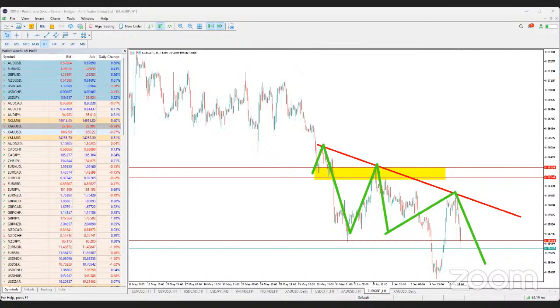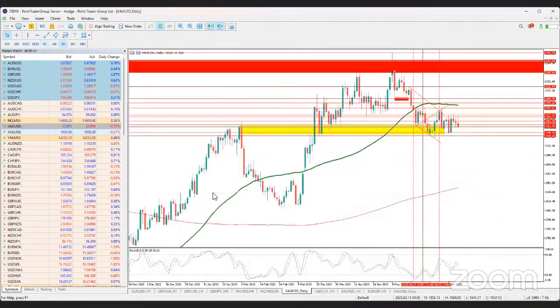An uptrend line, on the other hand, is the opposite. Just like this.